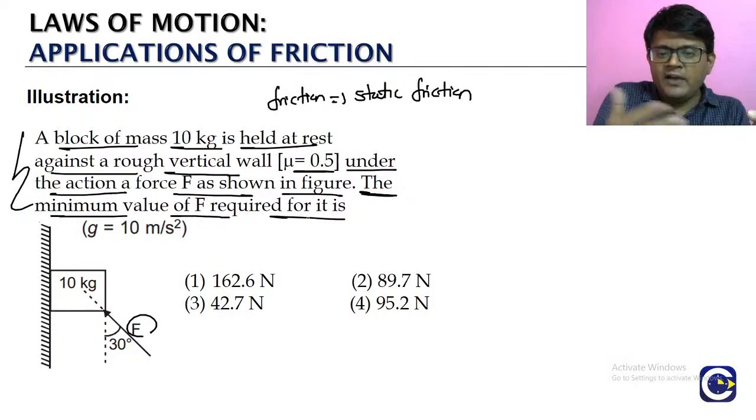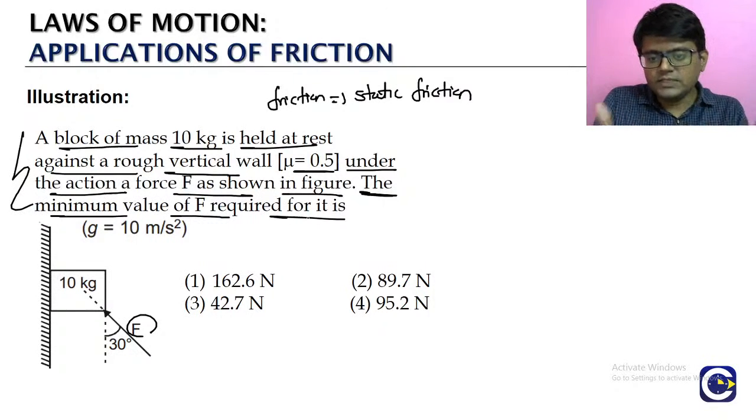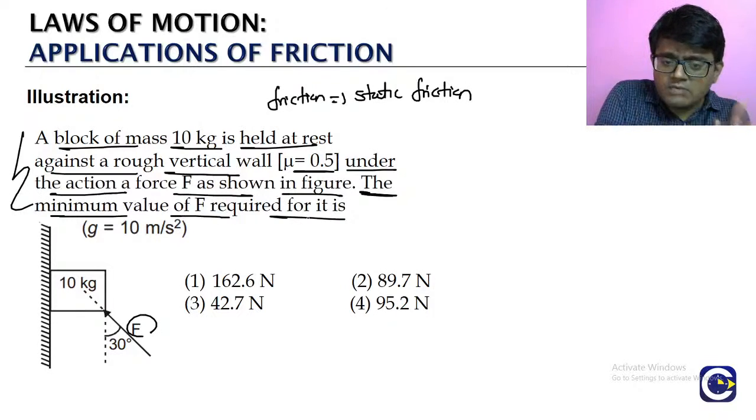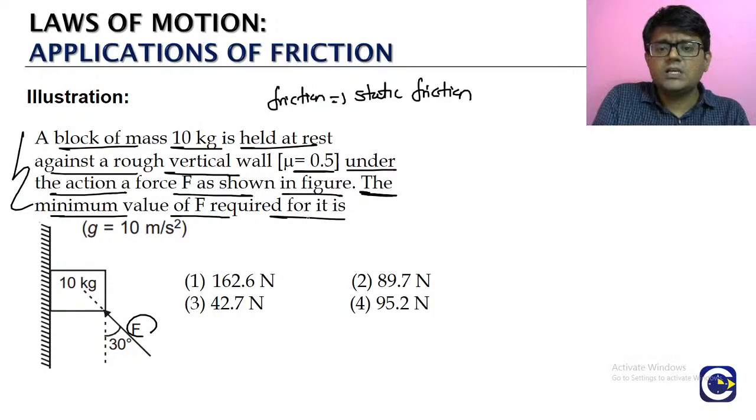If we increase the value of F, this will continue to be at rest. But the question is what is the minimum value of F by using which we will be able to hold this block at rest.